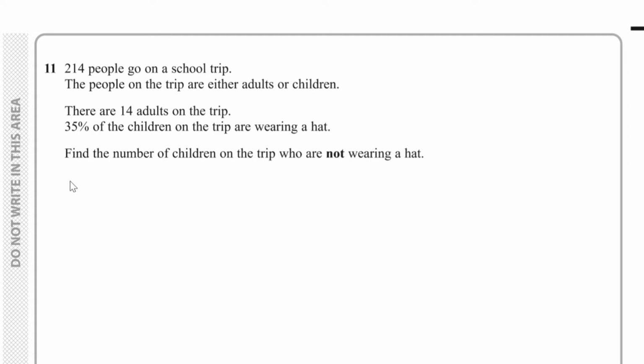Well, we've got 214 people altogether. 14 of them are adults, which means 200 are children. So there are 200 children. And we know that 35% of the children are wearing a hat.